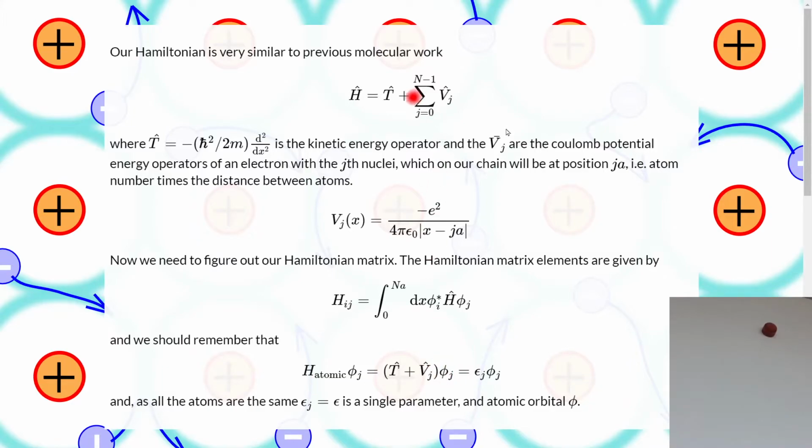What we're going to do is break down this Hamiltonian, depending on the indices, into the potential interaction with the nucleus that's close by and the rest. A bit like we did for the molecule, where we looked at the electron on its own atom and talking to the other nuclei.